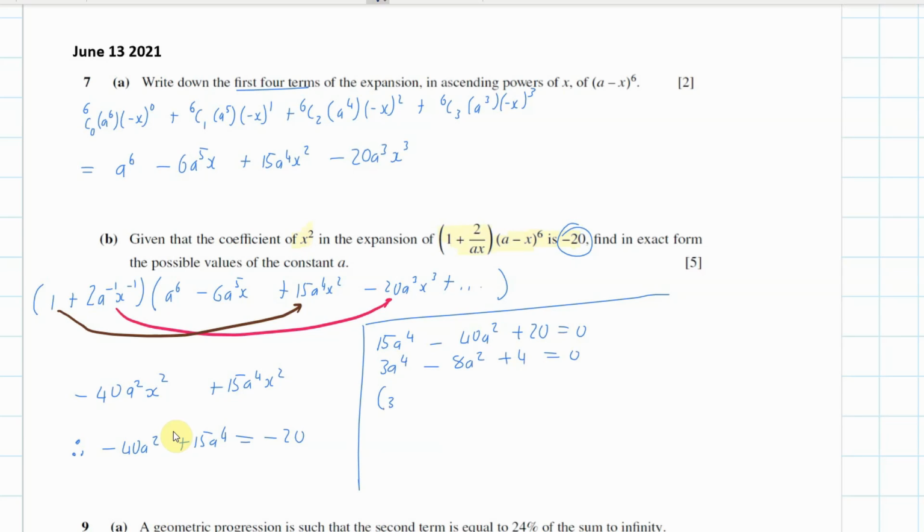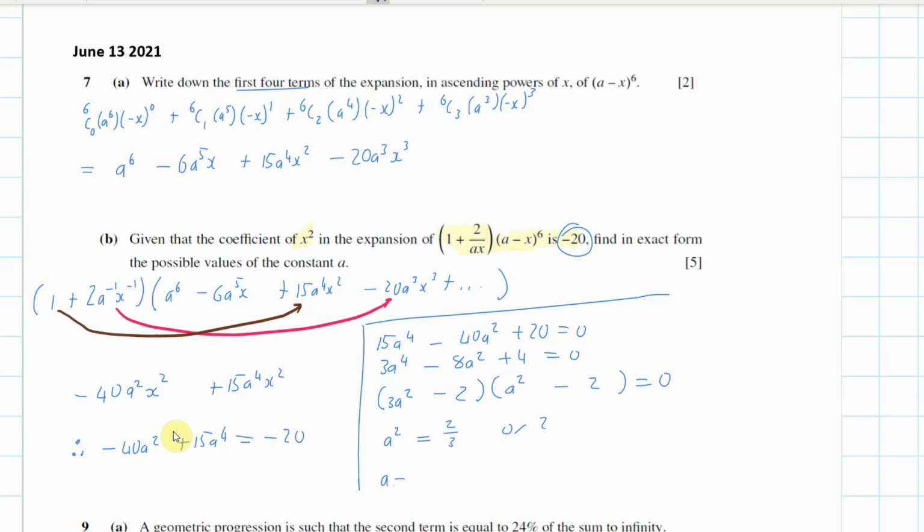And I reckon we could go 3a squared and then have a squared here minus 2, so that's negative 6. Yes, okay, and that will give us the negative 8 there that we need. 3a squared, so negative 6a squared minus 2a squared. Yes. Okay, perfect. So a squared equals 2 over 3 or 2.